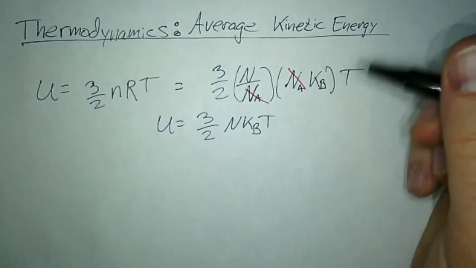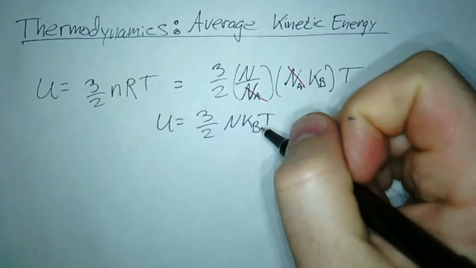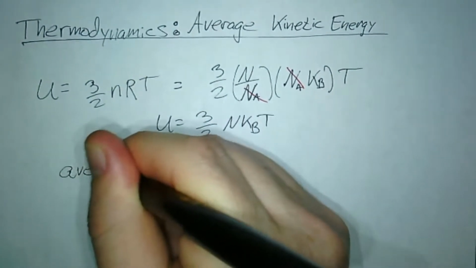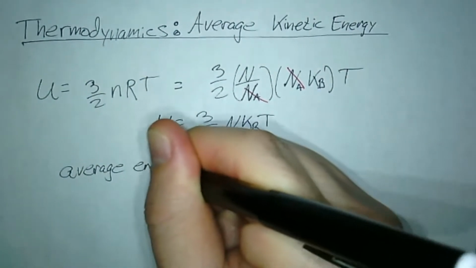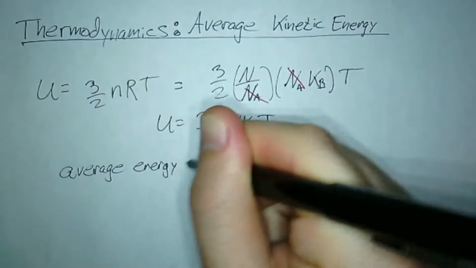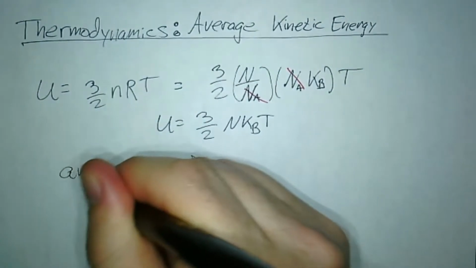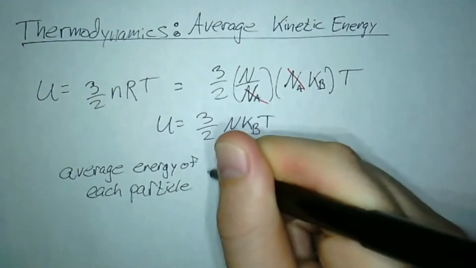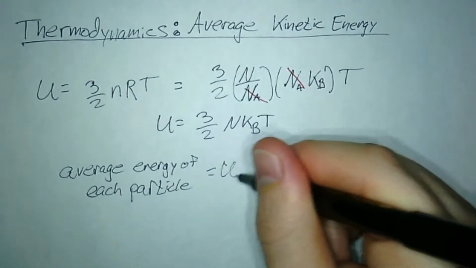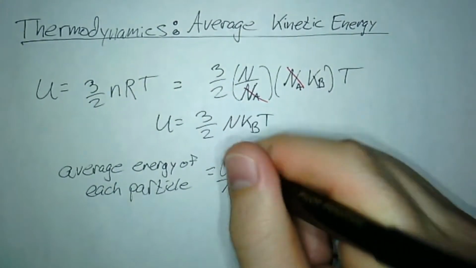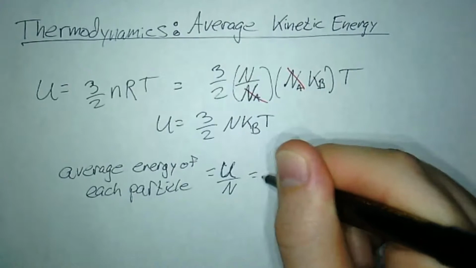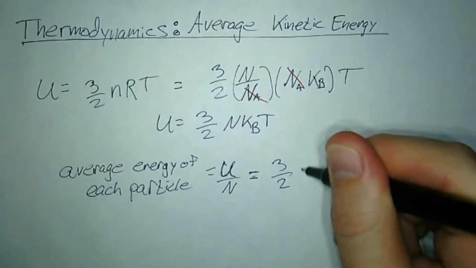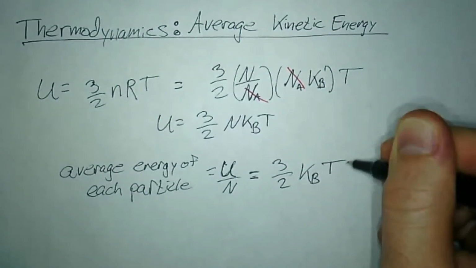So now if I want the average energy of each particle, that's going to equal U over N. So energy per particle is going to be 3/2 Boltzmann's constant times temperature.